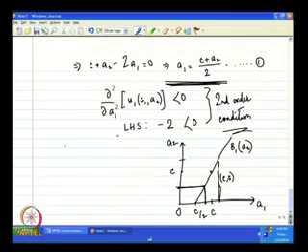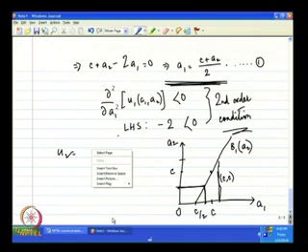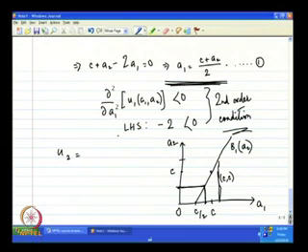What about player 2? Remember, U2 looks like this, and I have to maximize this with respect to A2.